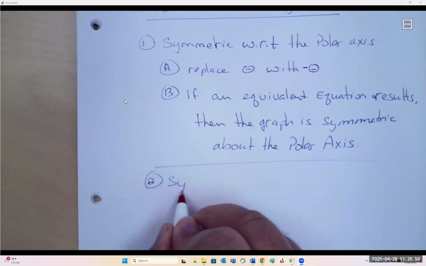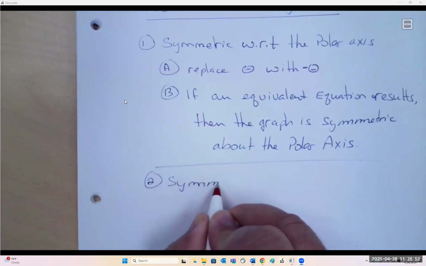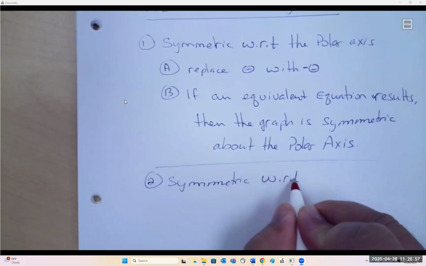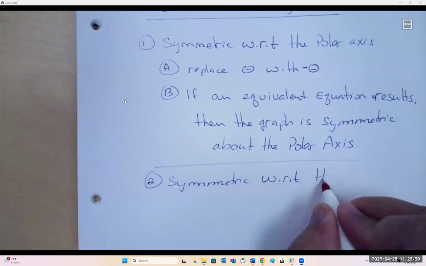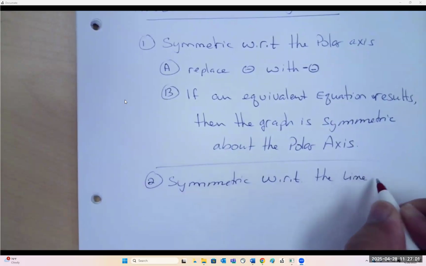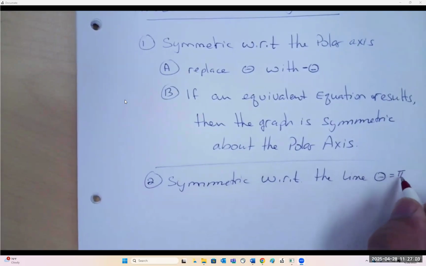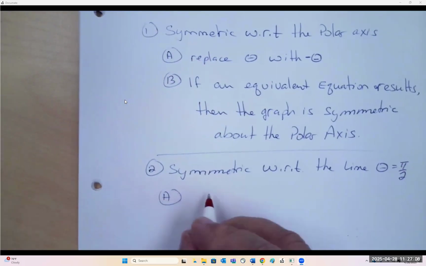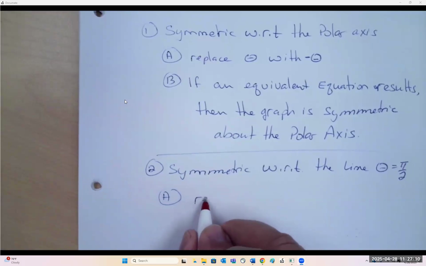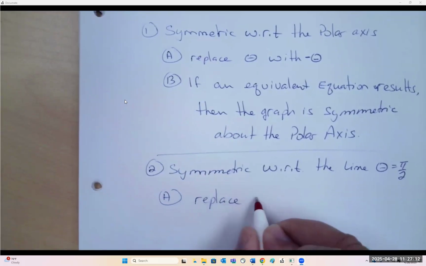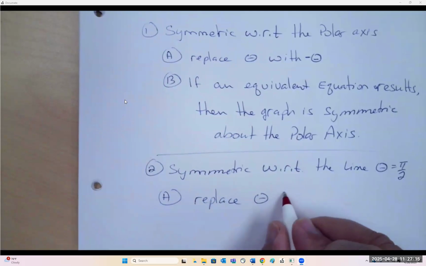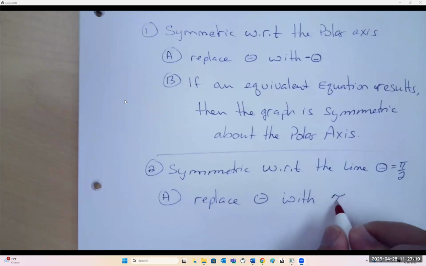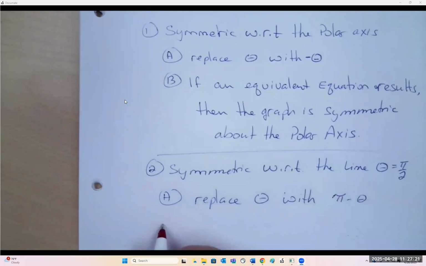Two, symmetric with respect to the line theta equals pi over 2. Replace theta with pi minus theta.